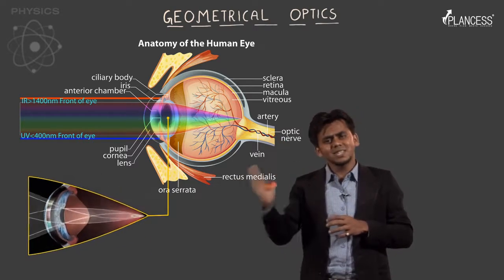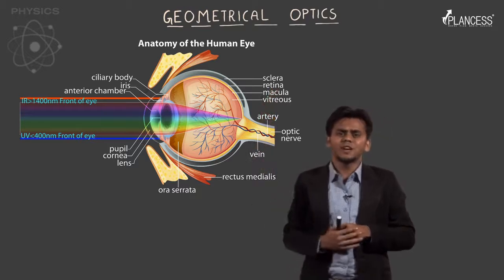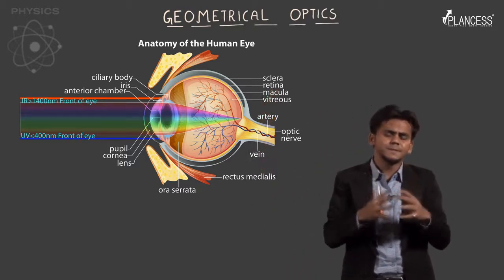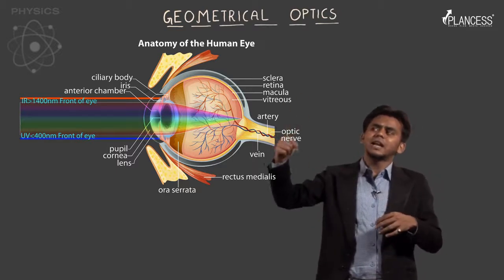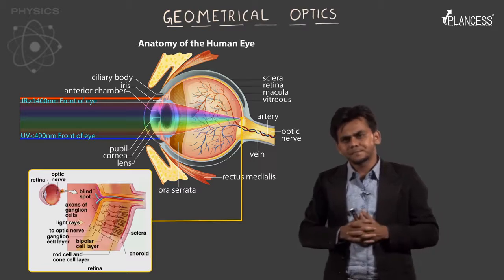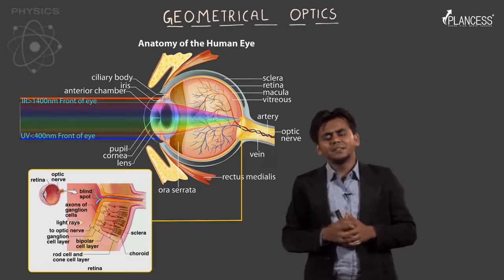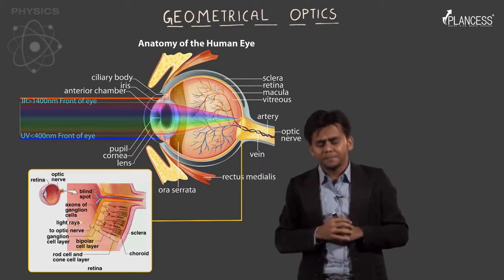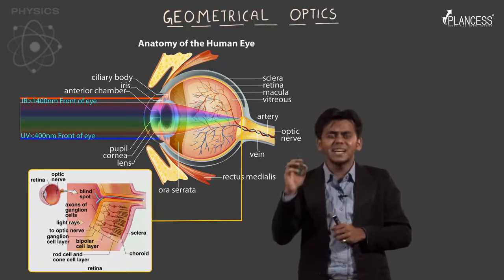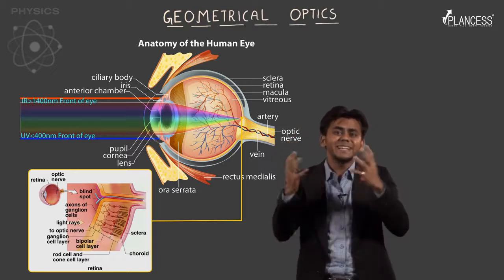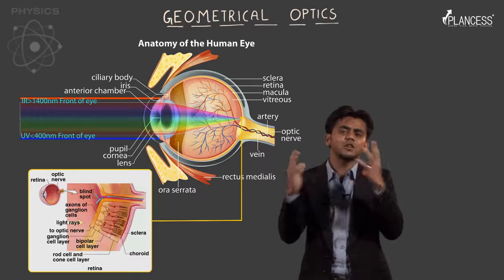Just after the crystalline lens, you have vitreous humor, another fluid substance. And further down, you would reach the retina. The retina is the screen of the eye. All the image formation is done on the retina, and the retina has rods and cones to detect the brightness and the color of an image.